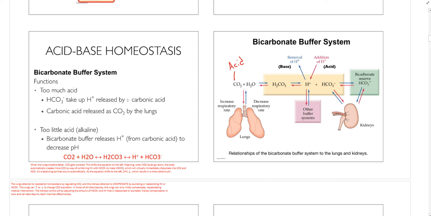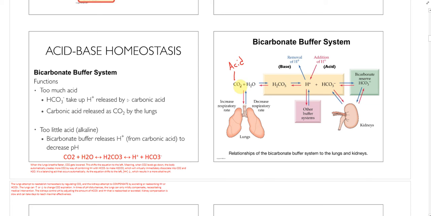Then what the kidneys are going to do is start by getting rid of hydrogen ion, because as we hold on to CO2, this is going to build up more and more in the body. And this whole equation here is a teeter-totter.